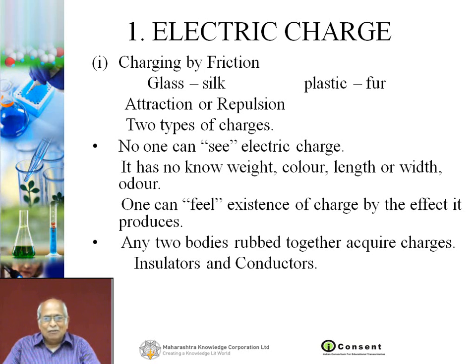Human body is also a good conductor. So if a copper rod is rubbed by silk or by some other substance, it will acquire charge. But that charge will immediately flow to the earth through the human body. This is why we cannot see any charge on metals like copper, aluminum, etc.